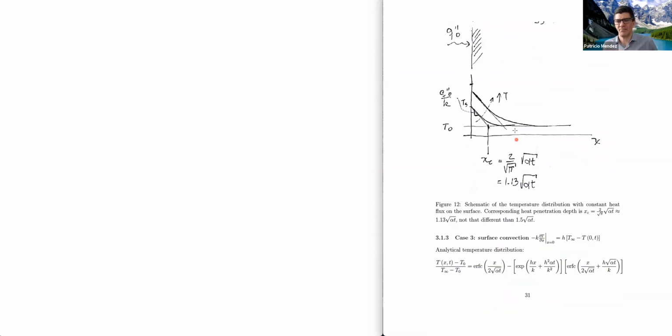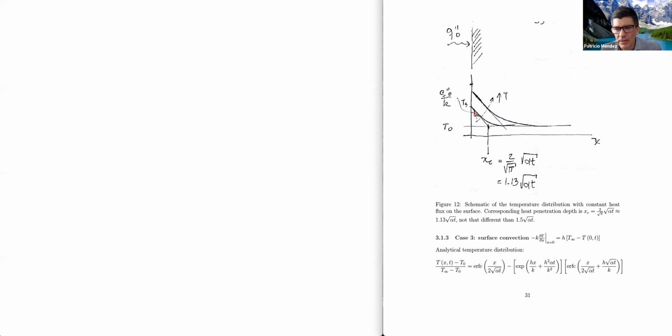And here we have what the evolution would look like. Here we have depth. This is our semi-infinite solid going to the right. We have our laser beam or our light of the sun hitting on the surface, and the temperature starts to increase. At the same time, the heat starts to penetrate in. And this penetration that was 1.128 square root of alpha T, and the surface increases.